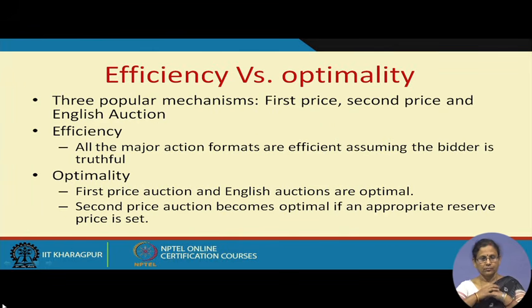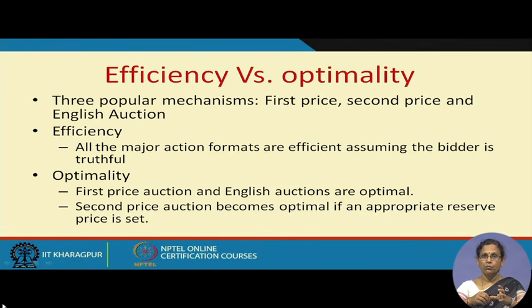Okay. Now, when we consider three popular auction mechanisms like first price auction, second price auction and English auction, in a very simple format, in case of a reverse auction you have a single buyer and many sellers.